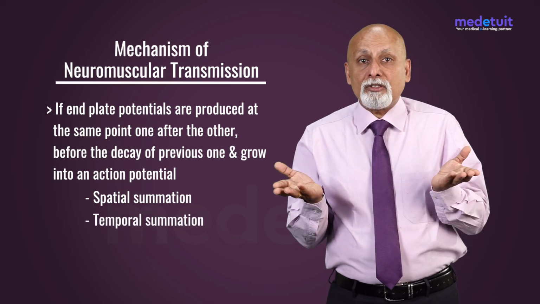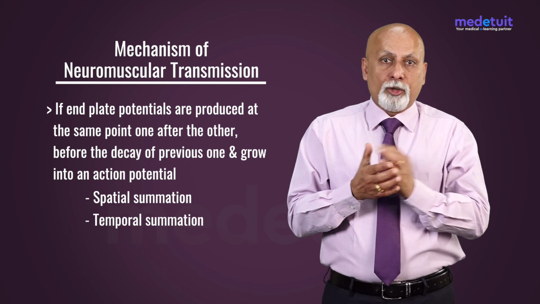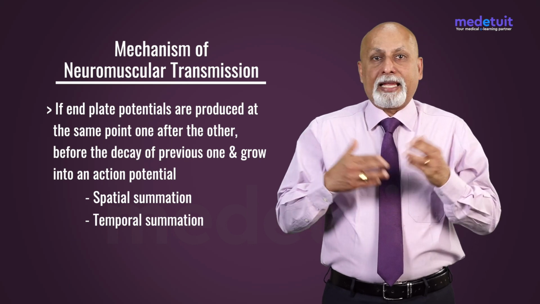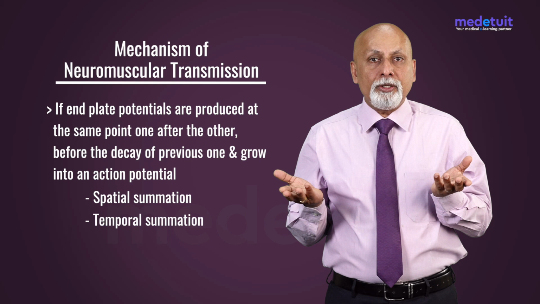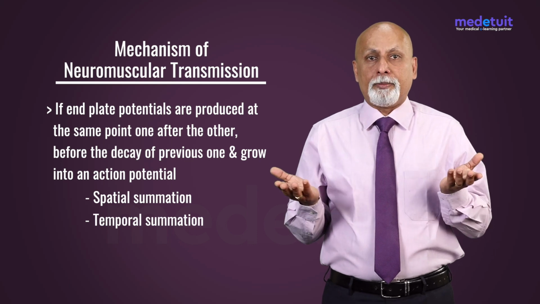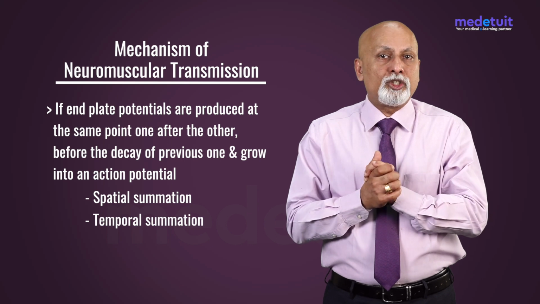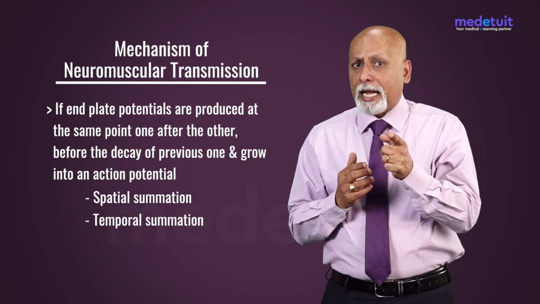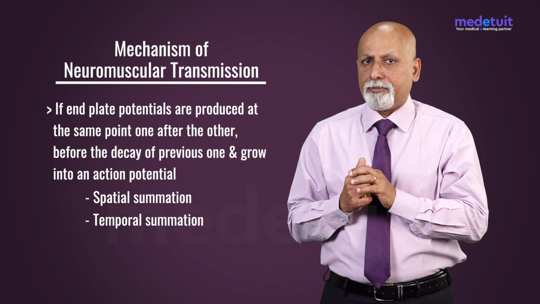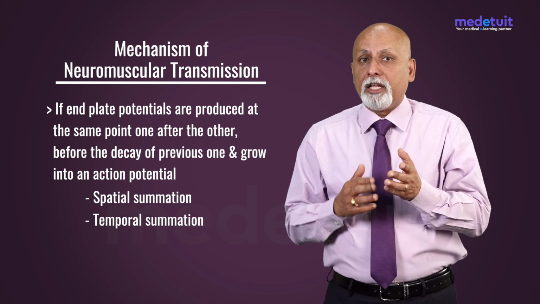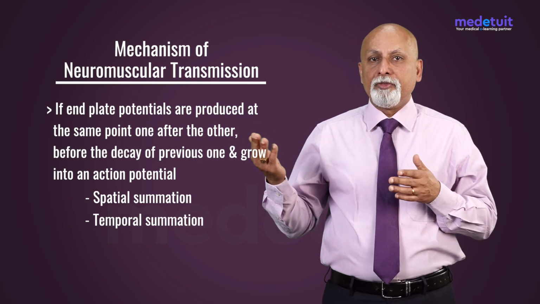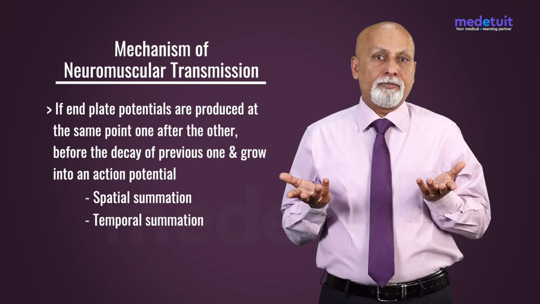So what are the two types of summation for end plate potentials? You can see there in the video, it can be a temporal summation or a spatial summation. But ultimately, they are growing into a full-fledged action potential. You know that action potentials are not stationary. They are propagative, is it not? They move from one point to another in a self-propagative manner.